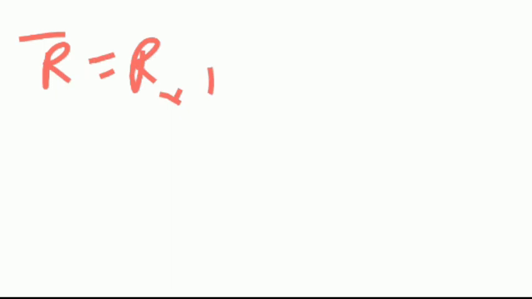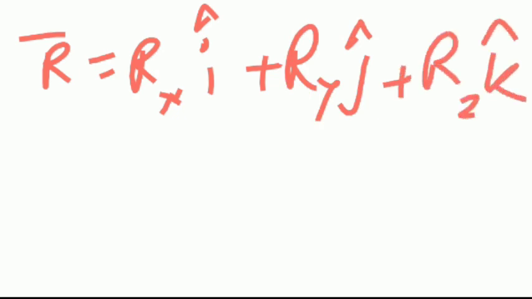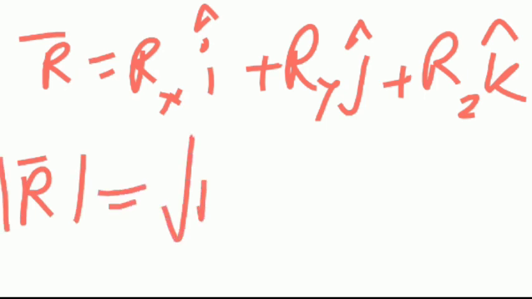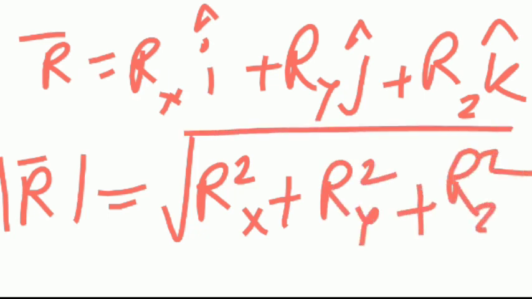If we have three components of the same vector, suppose r bar is equal to rx i cap plus ry j cap plus rz k cap, then the magnitude of vector r is equal to the square root of rx square plus ry square plus rz square. So this is the magnitude of the vector.